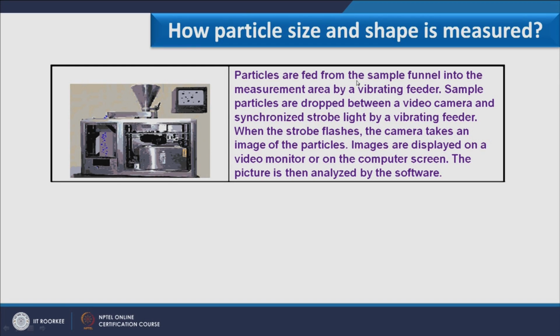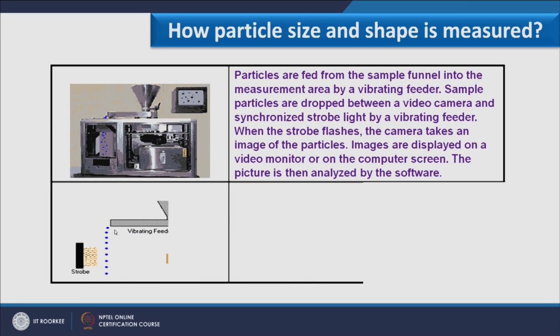Here particles are fed from a sample funnel into the measurement area by a vibrating feeder. Here we have the funnel and this is the vibrating feeder. Once the feed comes to the funnel, it drops into this feeder, which vibrates. Due to that vibration, material continuously falls into the analyzer.